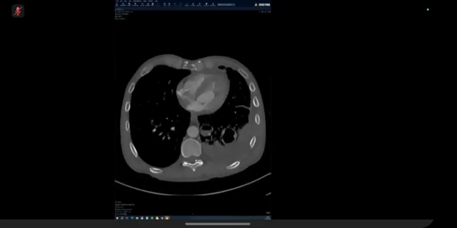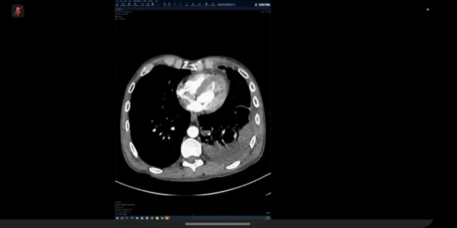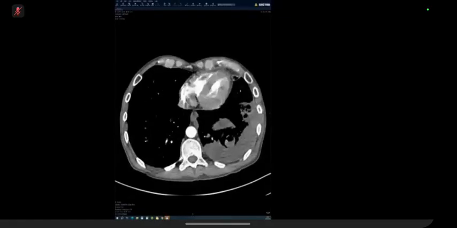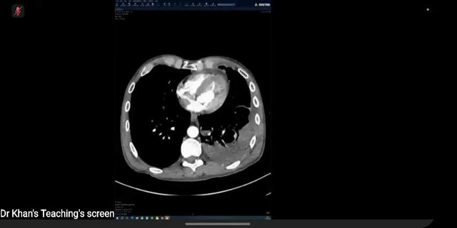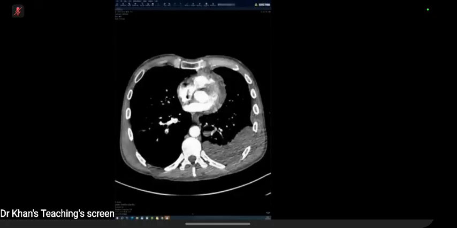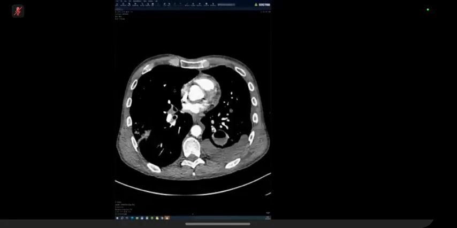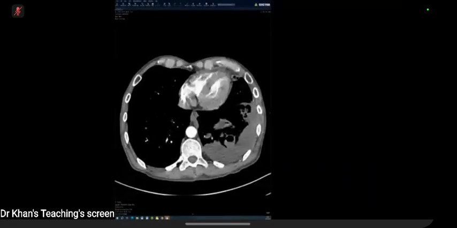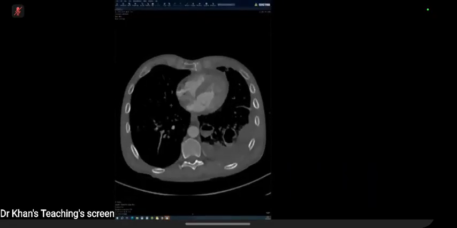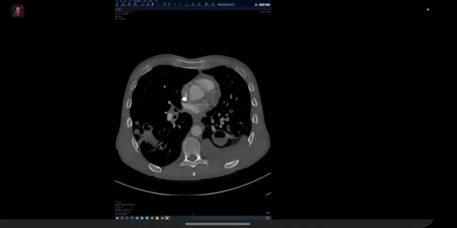Okay. If you had to ask one question about the history of the patient, what would you ask? Drug abuse. Yes. So if I say yes, he is a drug abuser, where else do you want to look? I just want to check the heart to see if there is any endocarditis or septic emboli within the heart.